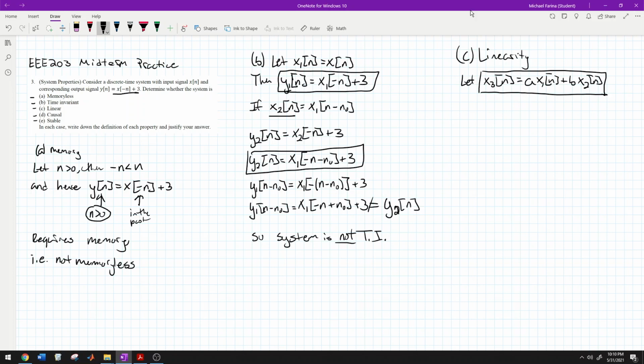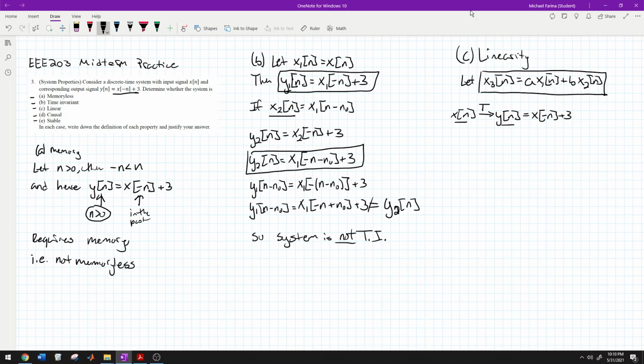Now, if T represents the transform, so if we go from x of n to y of n, T is going to represent what transforms us from x of n to y of n.